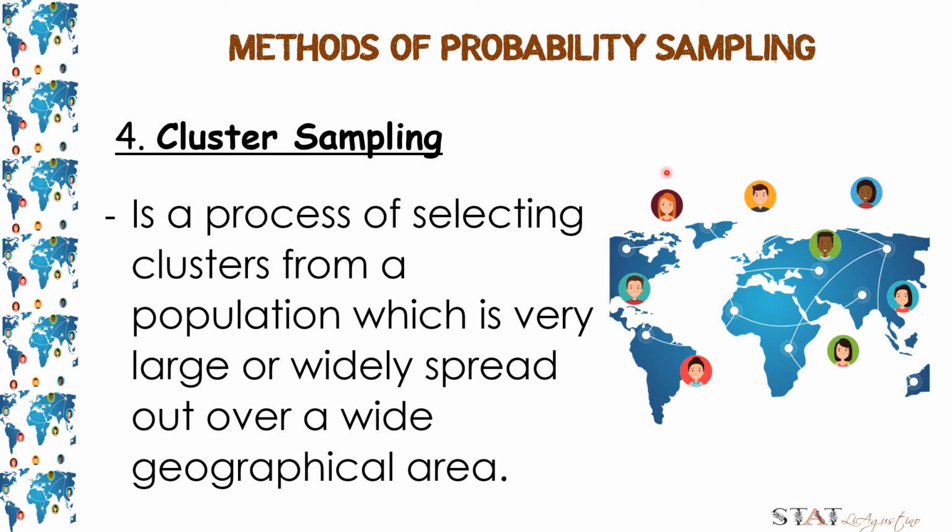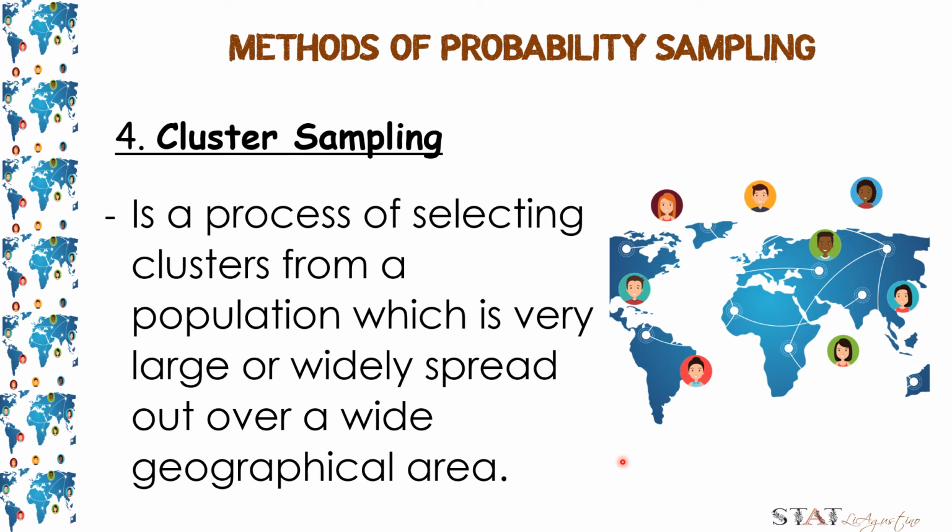The national surveys use clusters, for example regional. So I will interview someone in this region, and then in the next region. So that is the cluster, widely spread out over a wide geographical area. Okay, so that's cluster sampling.